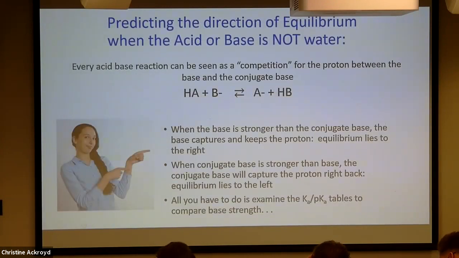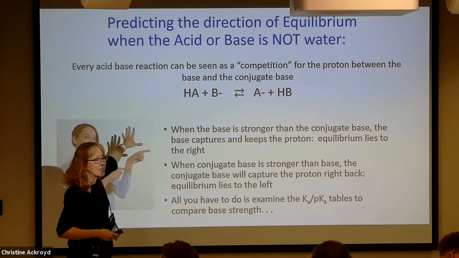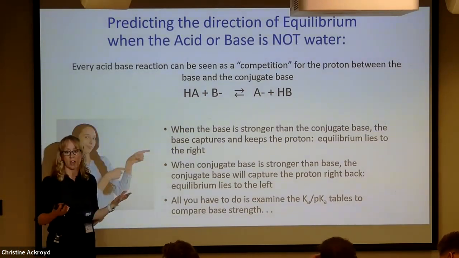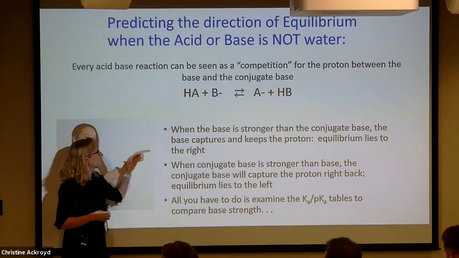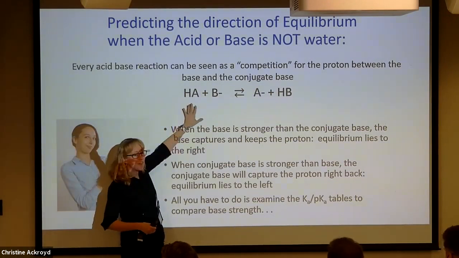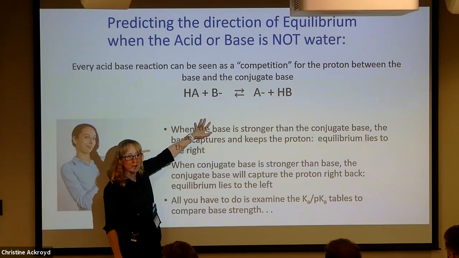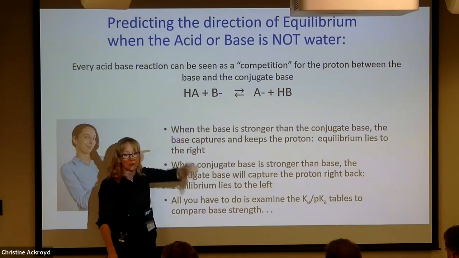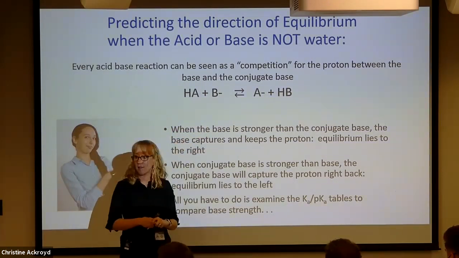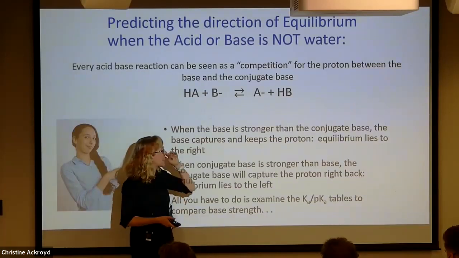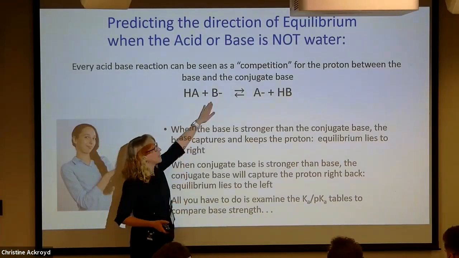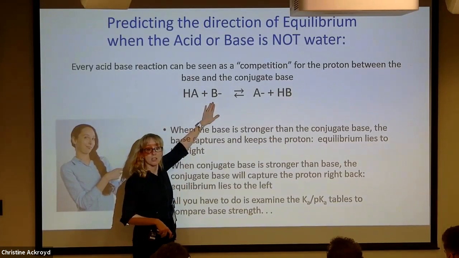Okay. Rationale. We're seeing this reaction as a competition for the proton, right? So we have to say, whatever side of the reaction is more reactive, equilibrium will lie on the other side, right? Which we can assess by saying, essentially, is the base stronger?